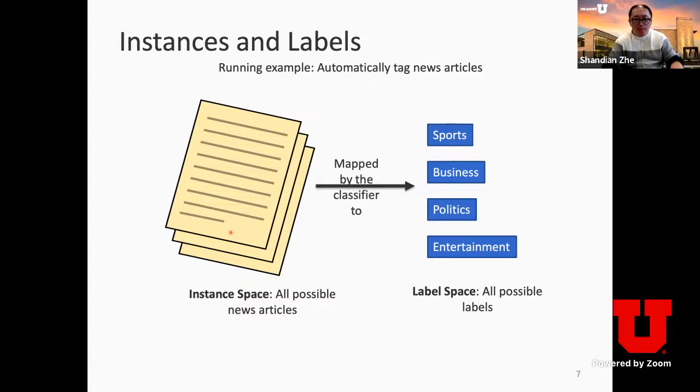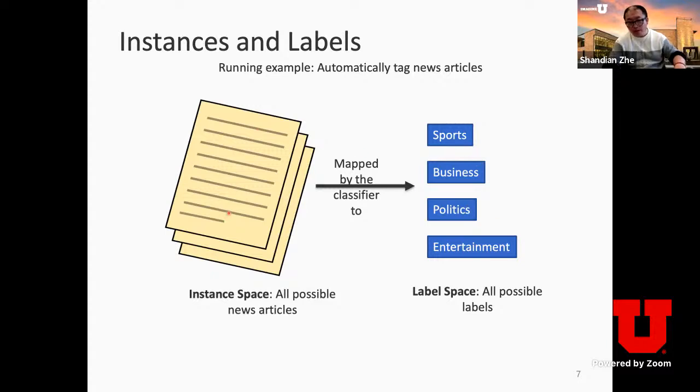And naturally we can view all the possible news articles we want to classify as an instance space, right? Which consists of all possible news articles. And also, we need to define which set of labels we want to tag. Right? So, for example, if you're only interested in classifying sports, business, politics, and entertainment articles, then we define our label space as 4 labels, right?